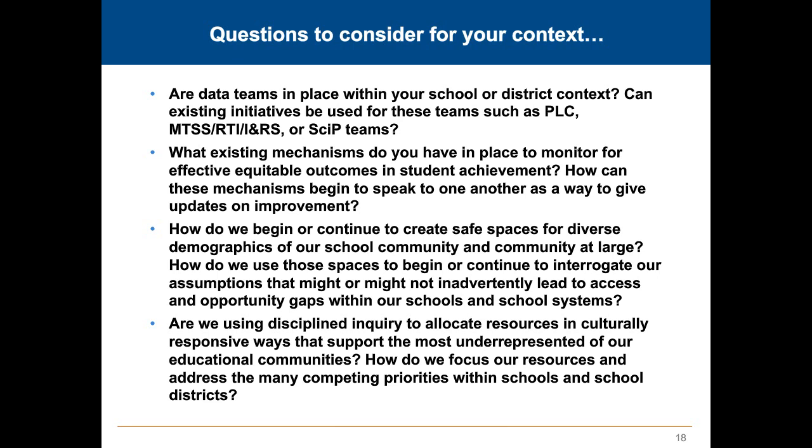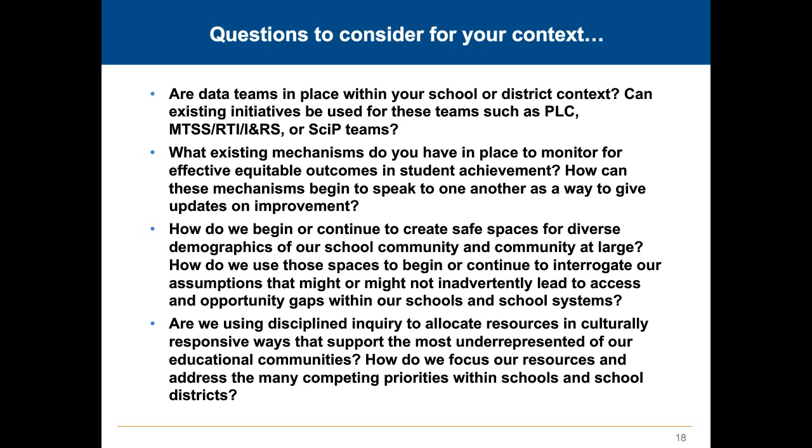There are things, and these are very specific, some of them, the SCIP team, the Student Improvement Team on bullet number 1 is specific to New Jersey, but there are other leadership teams throughout the country for professional learning communities and multi-tiered systems of support, response to intervention and referral services.